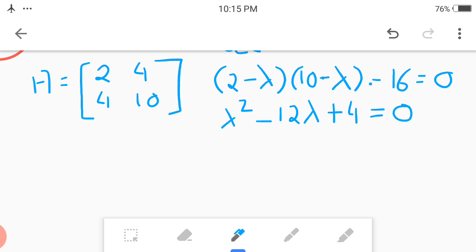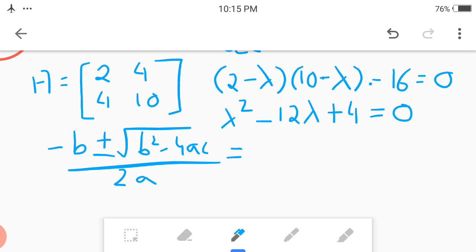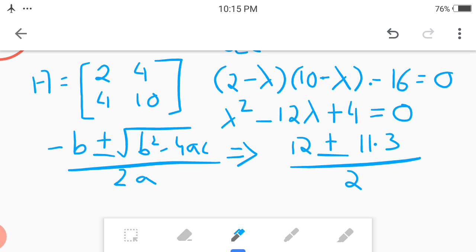We will use the formula. What is the formula? Minus b plus or minus root of b squared minus 4ac divided by 2a. Using this formula you get 12 plus or minus, if you calculate that, 144 minus 16, root of that is yielding 11.3, divided by 2. So you are getting lambda 1 as what?